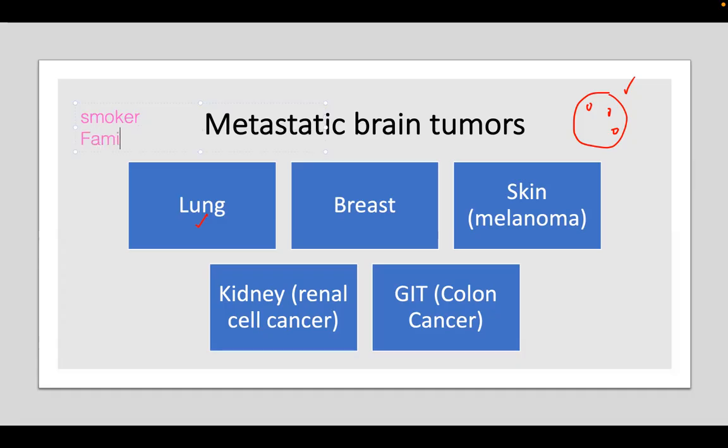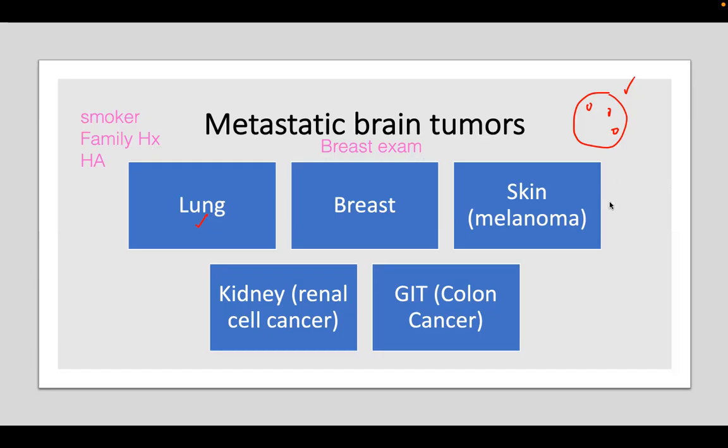Does the patient have a family history? Does the patient have headaches? Now for breast cancer, you would have to do a breast exam. Ask for a family history of breast CA. Palpate the breasts. Palpate the axillary lymph nodes.